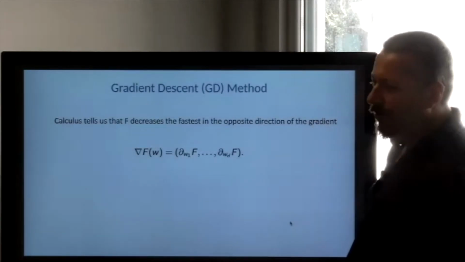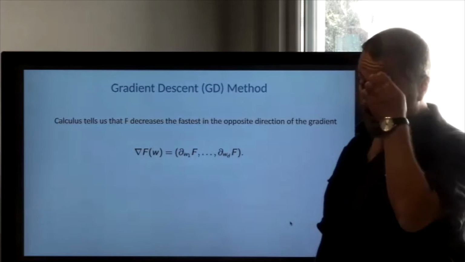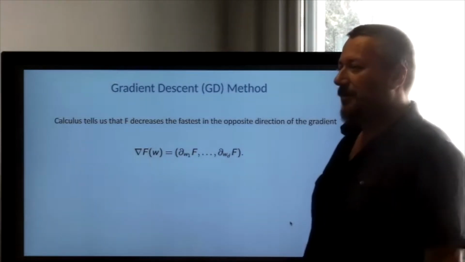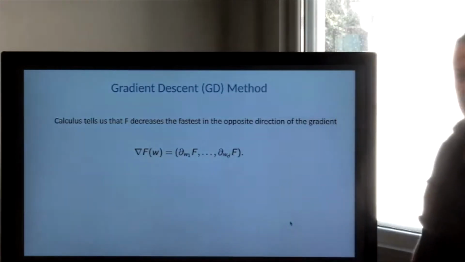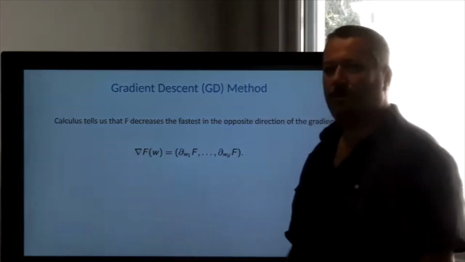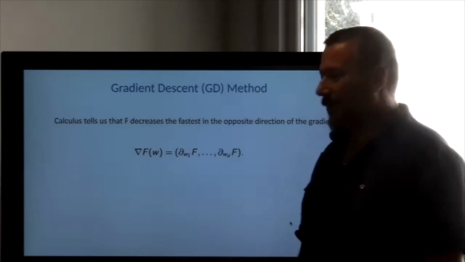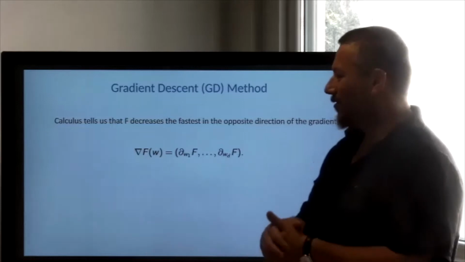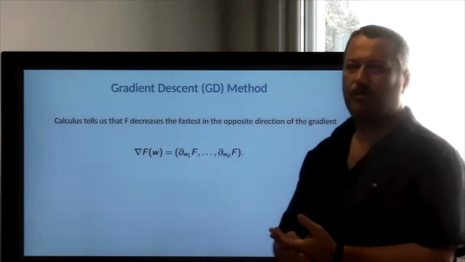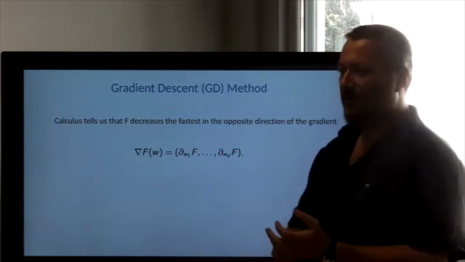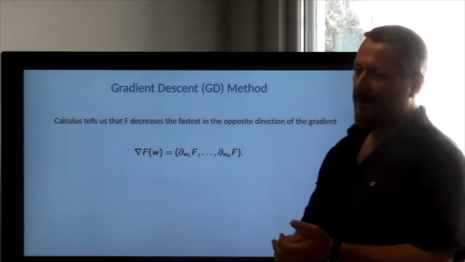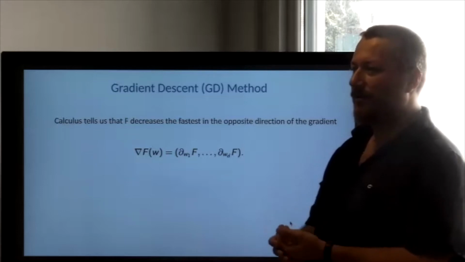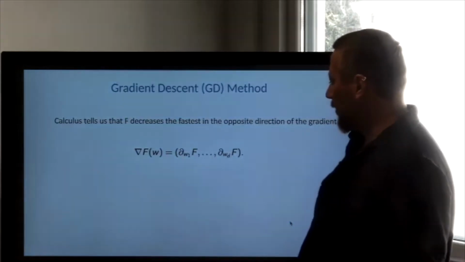Okay, so how do we solve these minimization problems, optimization problems? As you can guess, it's not easy to give an analytic solution for this. It's impossible. So what we do is we use numerical methods, iterative numerical methods. I'm going to assume that these functions are differentiable, so the first derivatives exist.